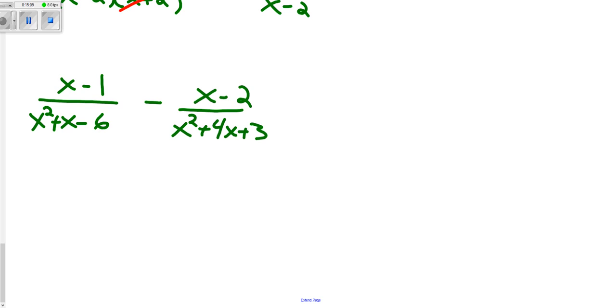Don't multiply to get it, but tell me what it would be. Okay, so you'll get your two things. You've got x minus 1 here, or x minus 2 there. Just find the common denominator. Nothing else. Not yet.